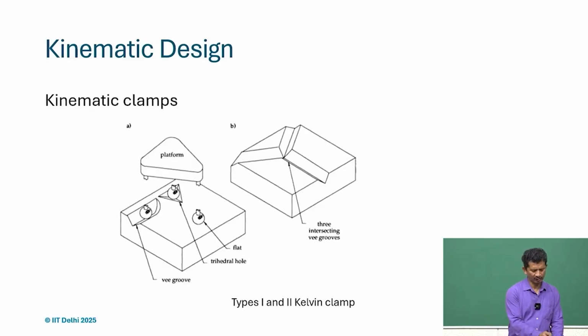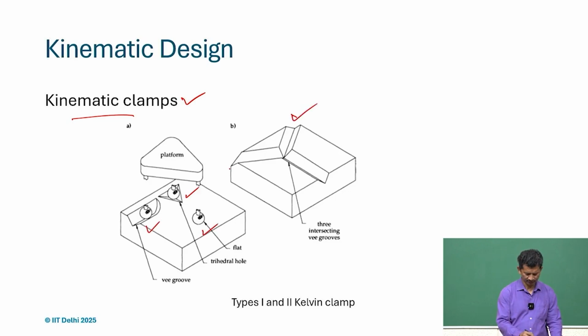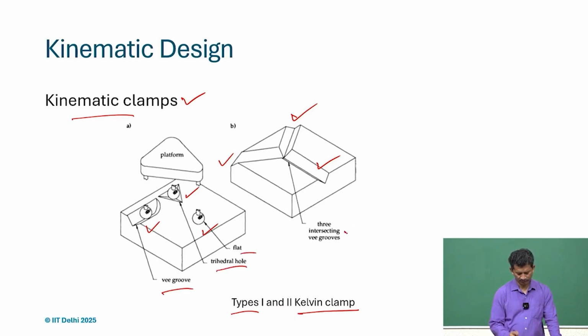These are some examples I have already mentioned earlier: a trihedral hole, V groove and flat, or 3 V's, and on the other platform we can have 3 ball ends. They are usually called type 1 and type 2 Kelvin clamps. Just remember, if it is 3 intersecting V grooves, it is a type 2 Kelvin clamp, and type 1 is the trihedral hole, V groove and flat.